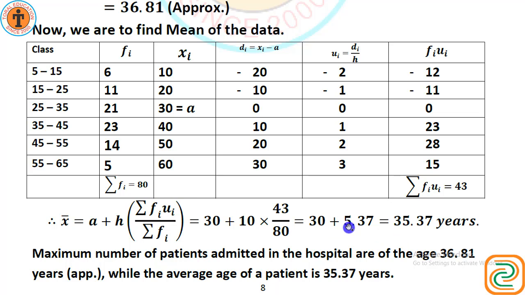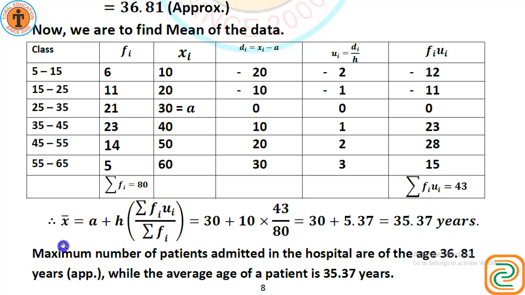Then 30 plus, if we divide this, 430, 10 into 43, 430 divided by 80, this is 5.37. And if we add this, we will get 35.37 years.